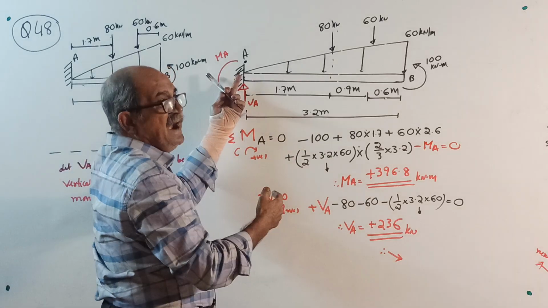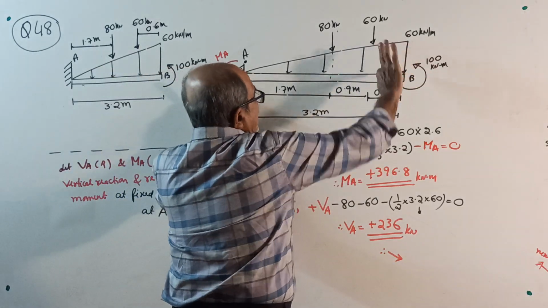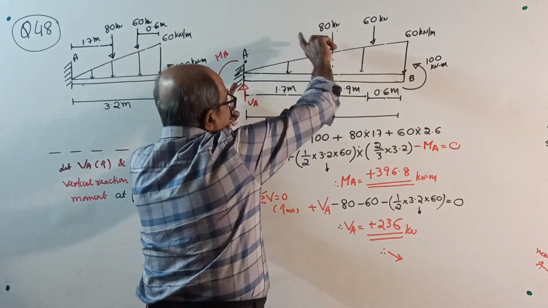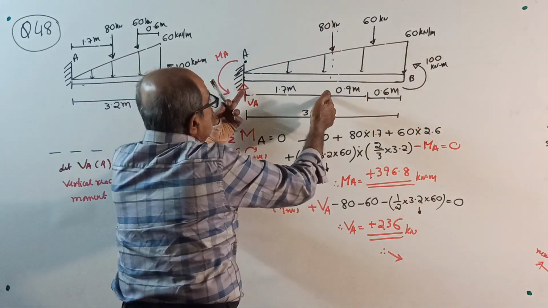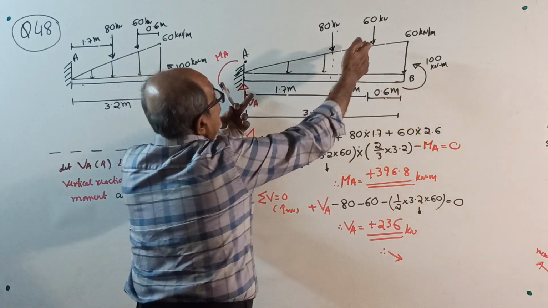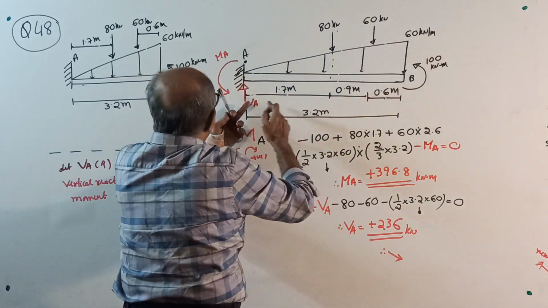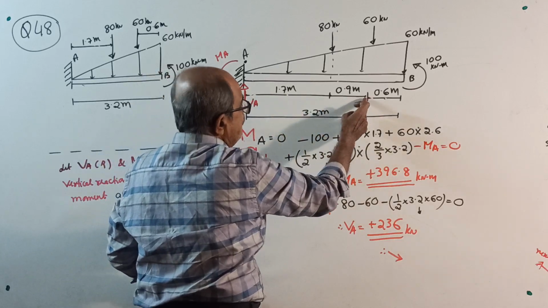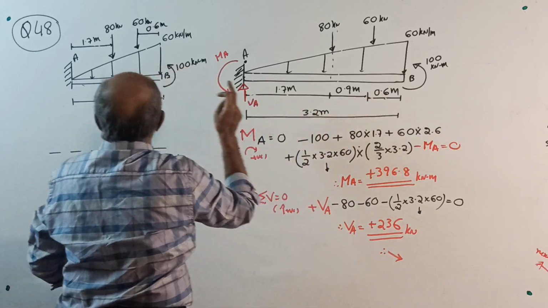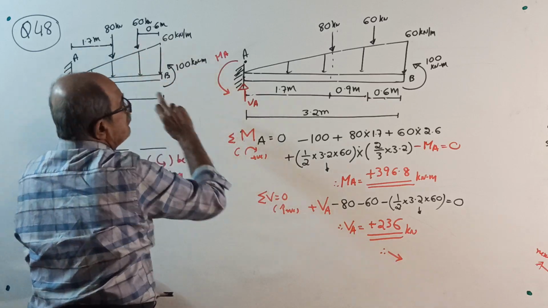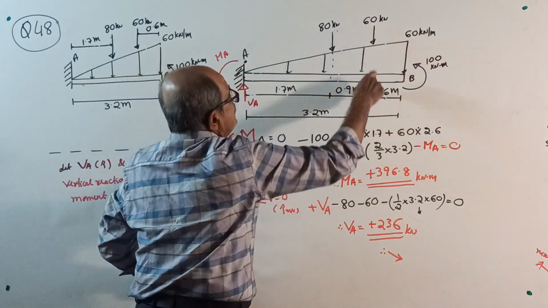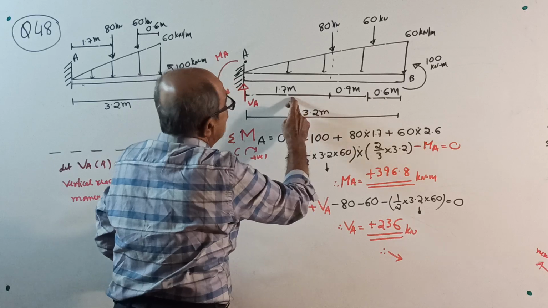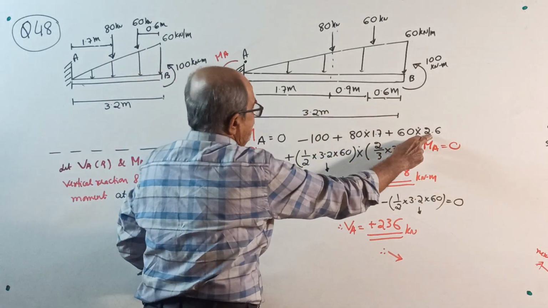Minus 100, no distance. Plus 80 into 1.7. 60 into, this is 0.6, this is 3.2, this is 2.6. Or from 3.2, subtract 1.7, subtract 0.6, you get 0.9. So 60 into 1.7 plus 0.9, that is 2.6.